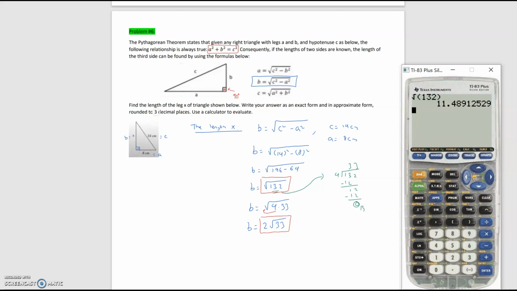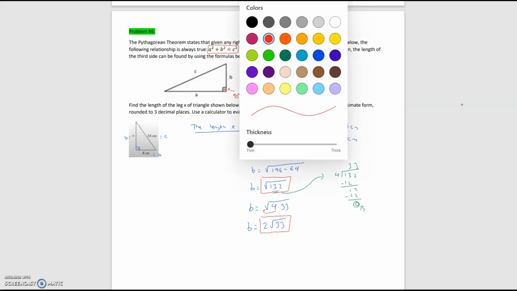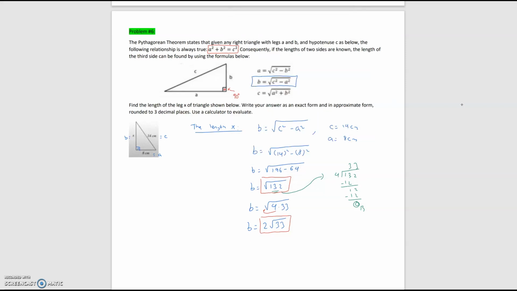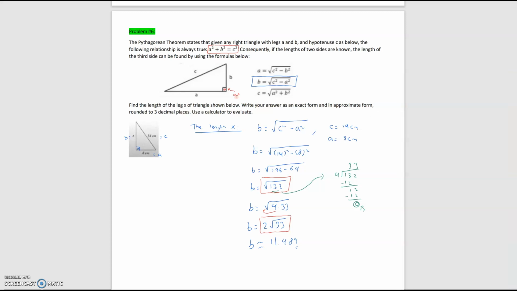They want 3 decimal places, so 11.489. So B is approximately 11.489.